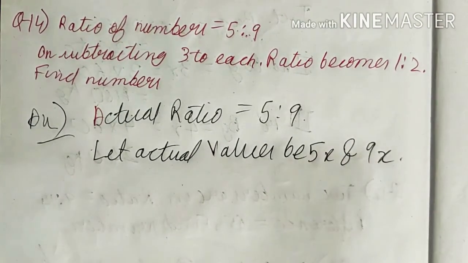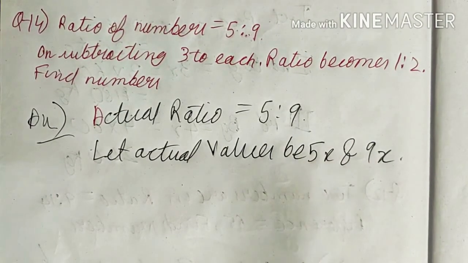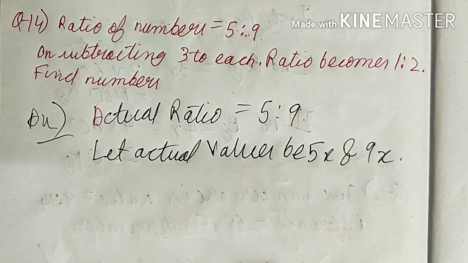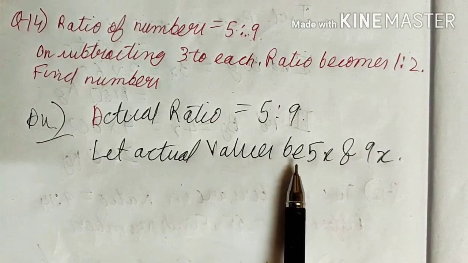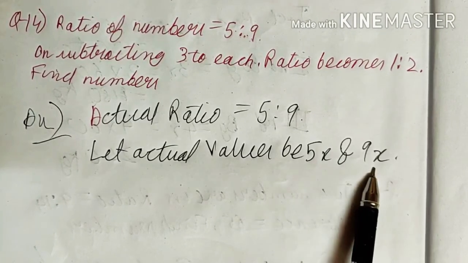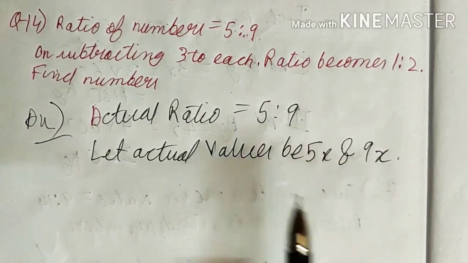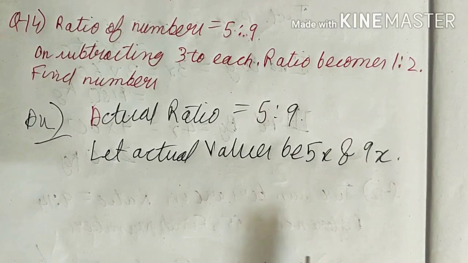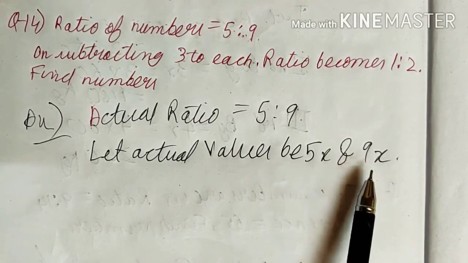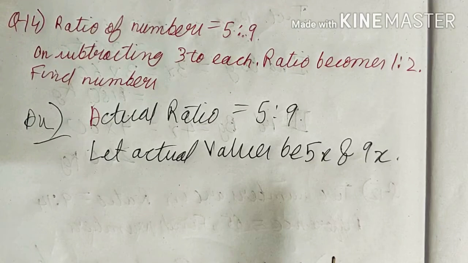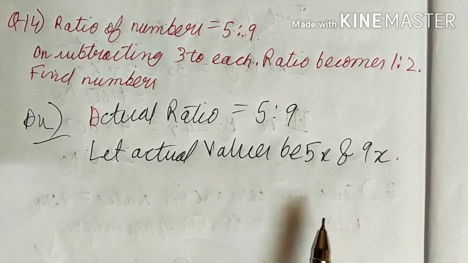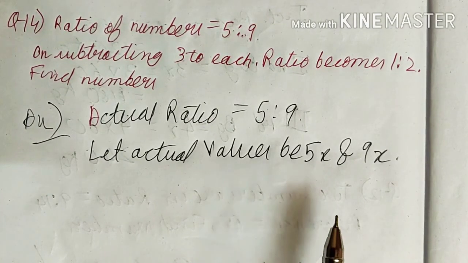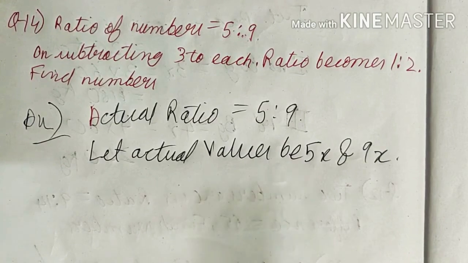We don't know the actual value, but we have let the actual values be 5x and 9x, and when we have subtracted 3 from 5x and 3 from 9x, and if we divide them back, we will get 1 is to 2 again. That is, if we subtract 3 from 5x and 9x and then find the ratio between 5x minus 3 and 9x minus 3, the ratio becomes 1:2.